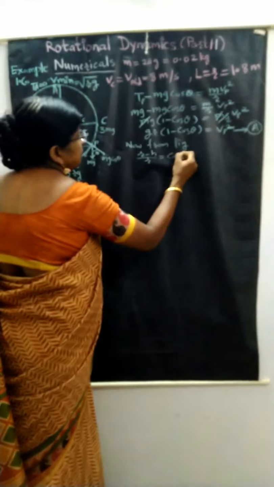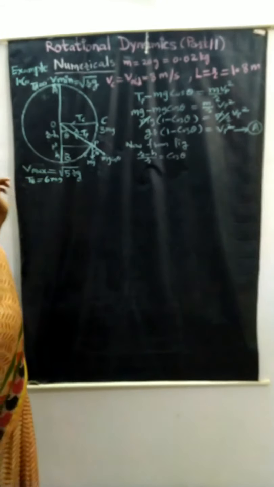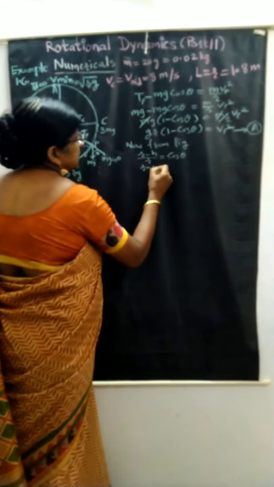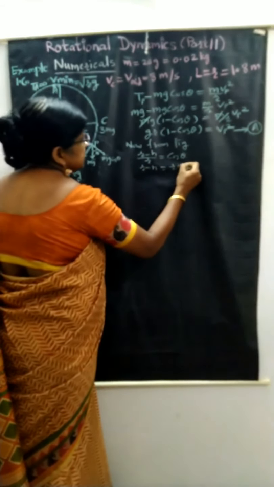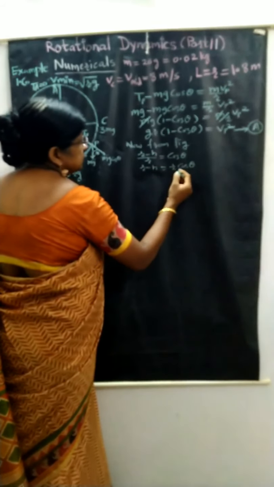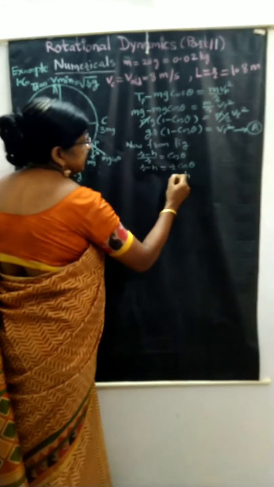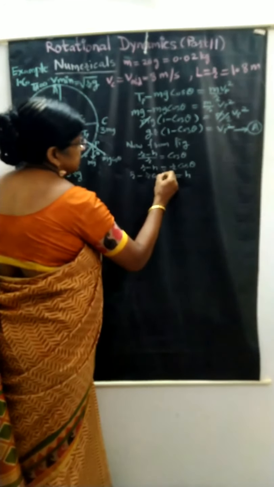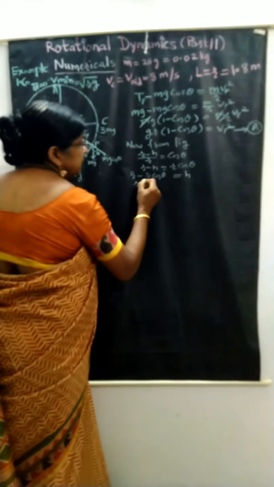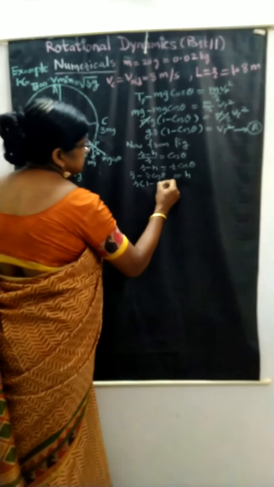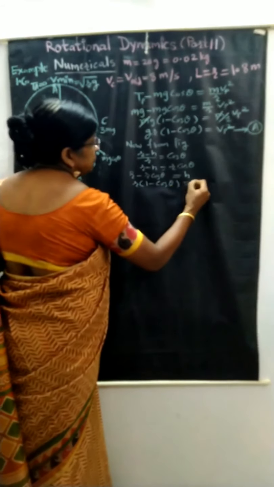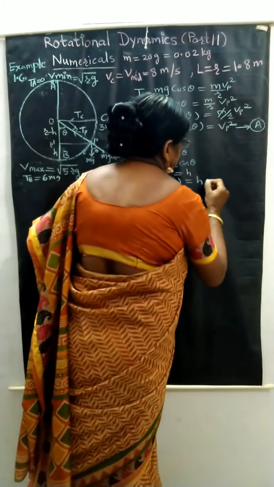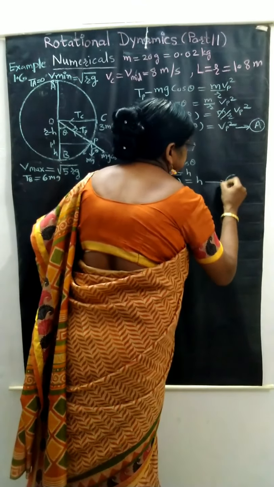So r minus h is equal to r cos theta. So h, if we transfer h to this side, it will be positive, r minus r cos theta. So this is r in bracket 1 minus cos theta is equal to h. This is the another value which is important for further derivation.